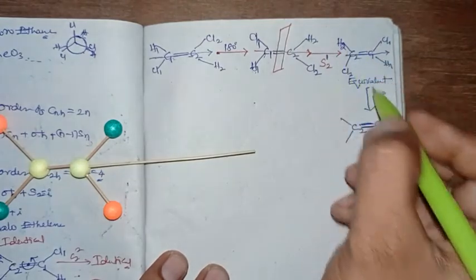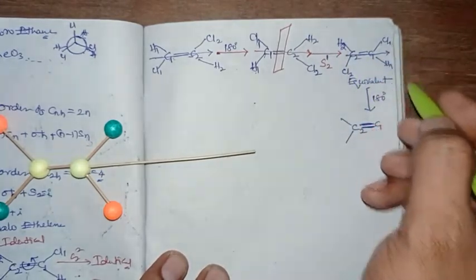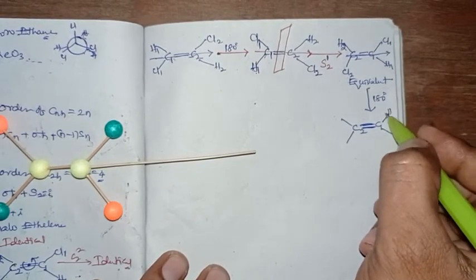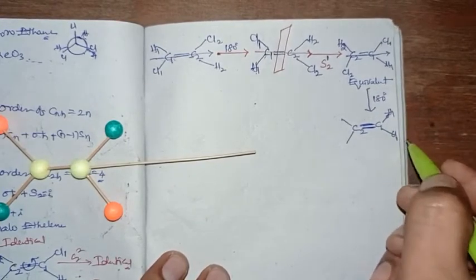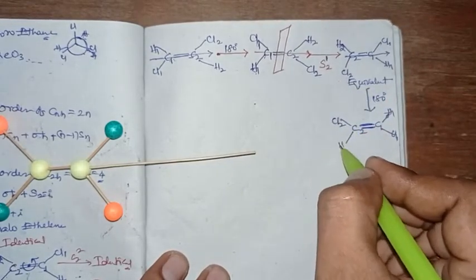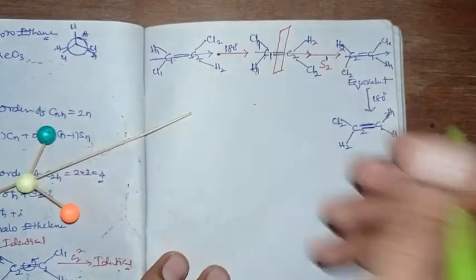So here above H1, the chlorine ones get exchanged. Now H1 will be above, chlorine 1 will be below. Same to that, chlorine 2 goes above, H2 will be below, right?